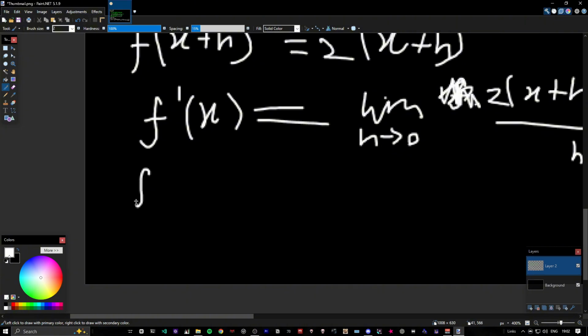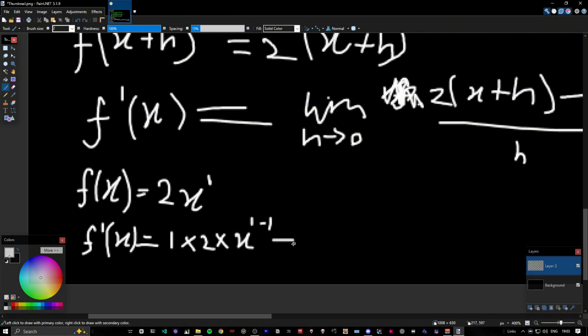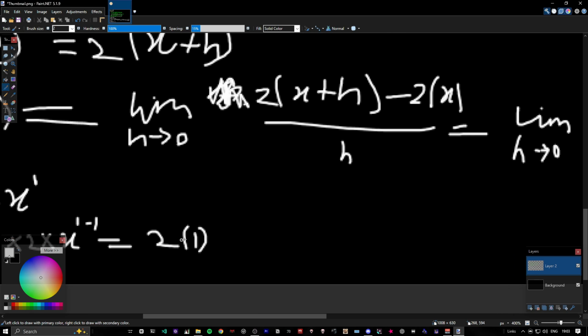And if you know the power rule already, you can check it. So f of x equals 2x to the power of 1, f dash of x with the power rule equals 1 times 2 times x to the power of 1 minus 1, which is 2 times 1, because x to the power of 0 is 1, which is 2.